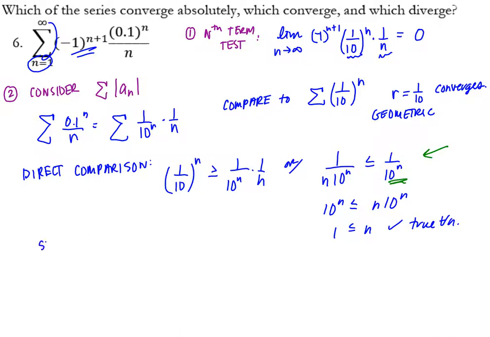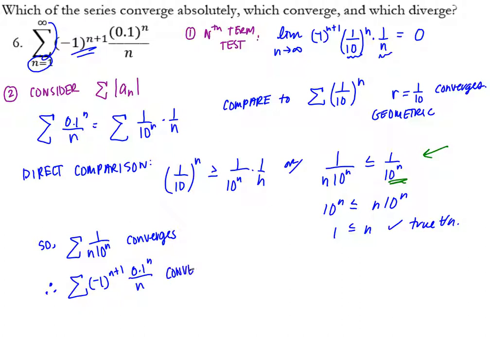Alright then, so we found that this series, 1 over n times 10 to the n, converges, which is the absolute value of the series in question. Therefore, the series in question, negative 1 to the n plus 1 times 0.1 to the n over n, converges absolutely.